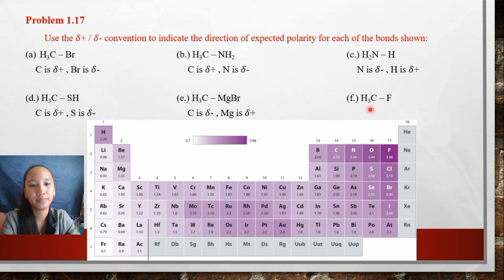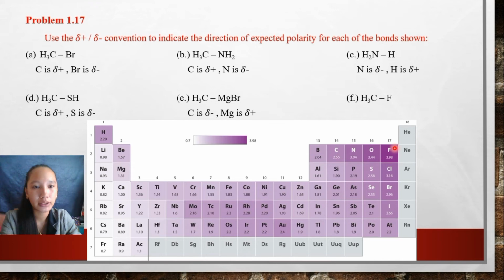Letter F, C and F. We have here C with an electronegativity of 2.55 and F with an electronegativity of 3.98.